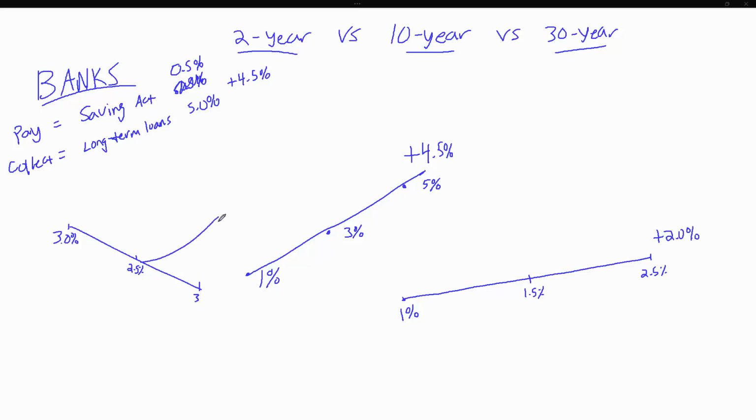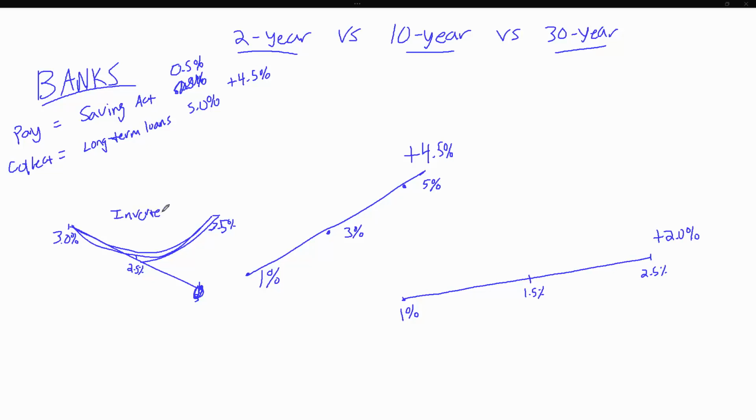We would have to slope that back up this way. Maybe it's at 3.5 or something like that. This would probably be more accurate to how it generally looks. It would kind of be like that. And basically what they call this is an inverted yield curve.